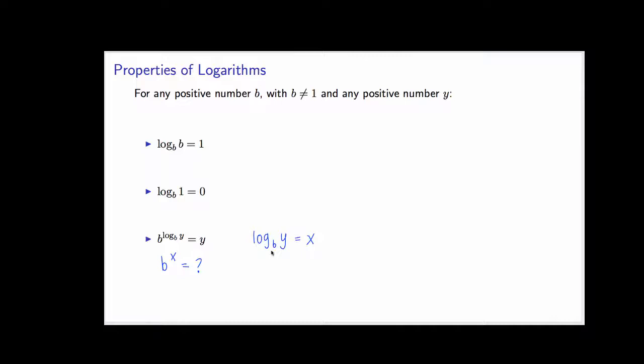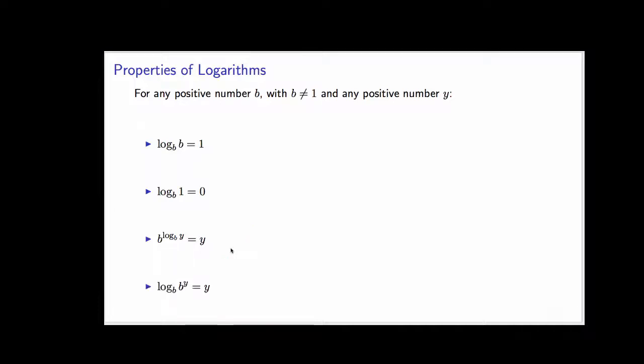Well, writing log base b of y equals x is the same thing as saying in exponential form that y is equal to b to the x. So this is just our definition of the logarithm. So our b to the log base b of y, this is just b to the x, which we know is equal to y. So b to the log base b of y is equal to y.